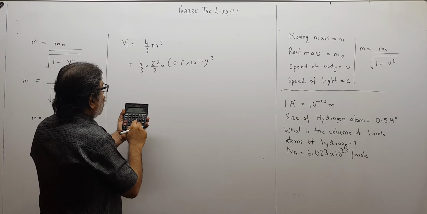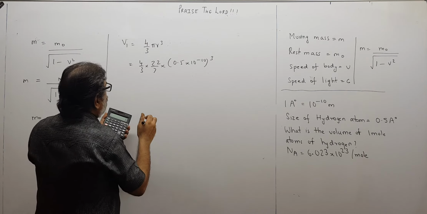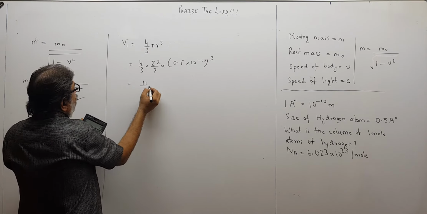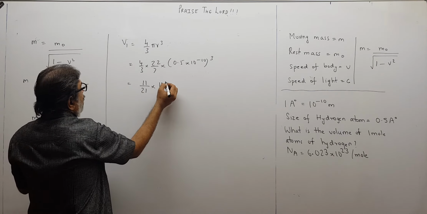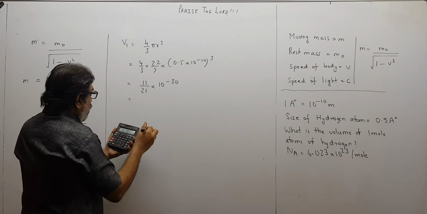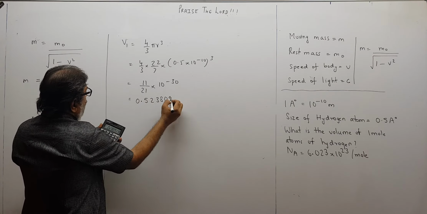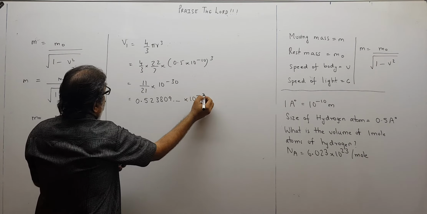So 88 into 0.5 into 0.5 into 0.5. This is coming out to be 11. So 11 upon 21 into 10 raised to minus 30, and this is 11 divided by 21, 0.52389 and so on into 10 raised to minus 30.